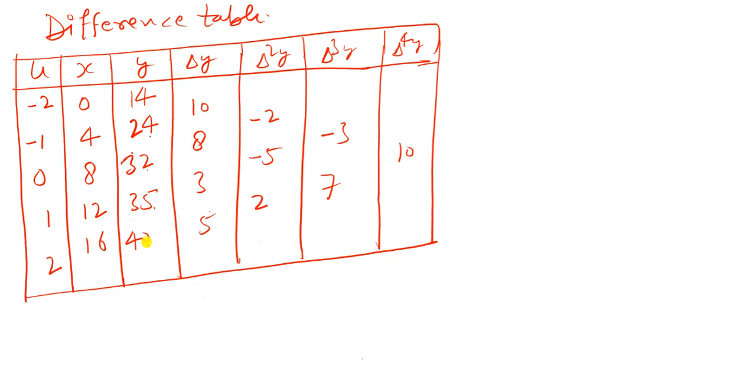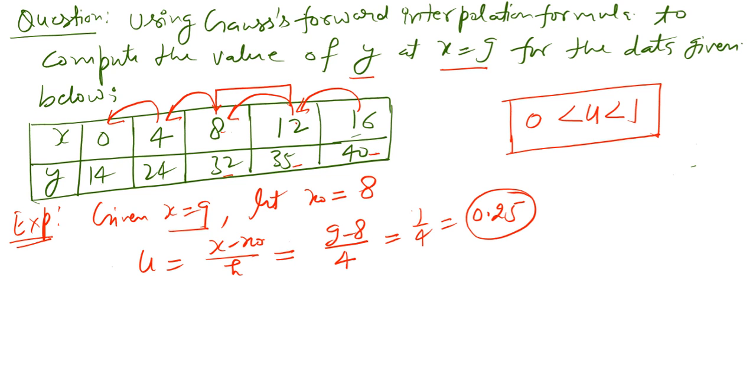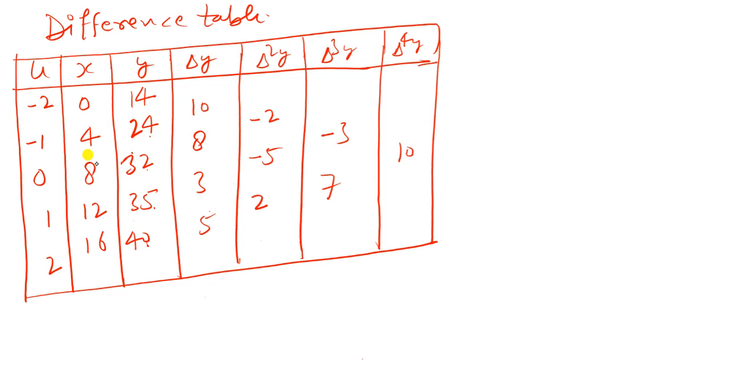Initially we consider x0 is equal to 8, so u is equal to 0. Then the upper values are denoted by minus 1, minus 2, and the lower values are denoted by 1 and 2. Now we compute the first order forward difference.